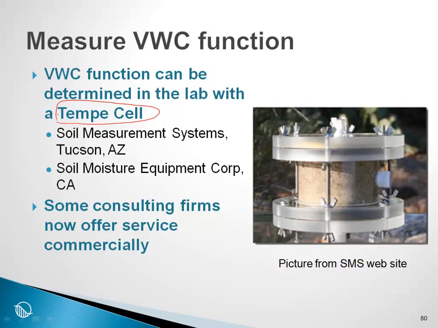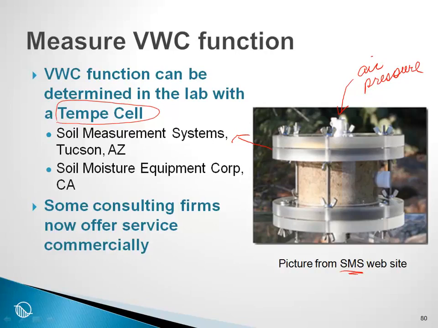And here is a picture that was taken from the Soil Measurement Systems website. And basically, this apparatus is set on a scale, and air pressure is applied to the sample.